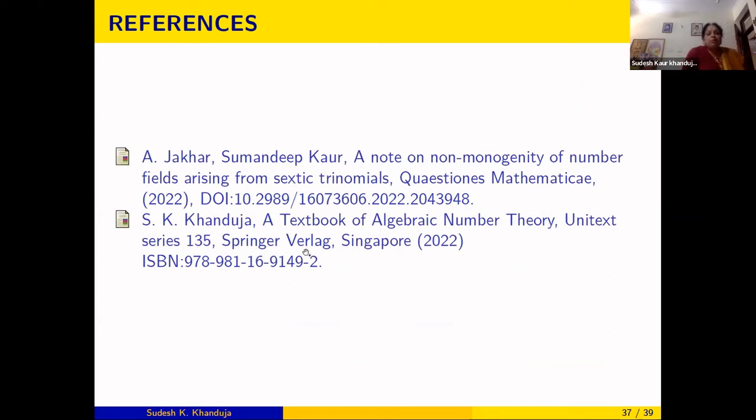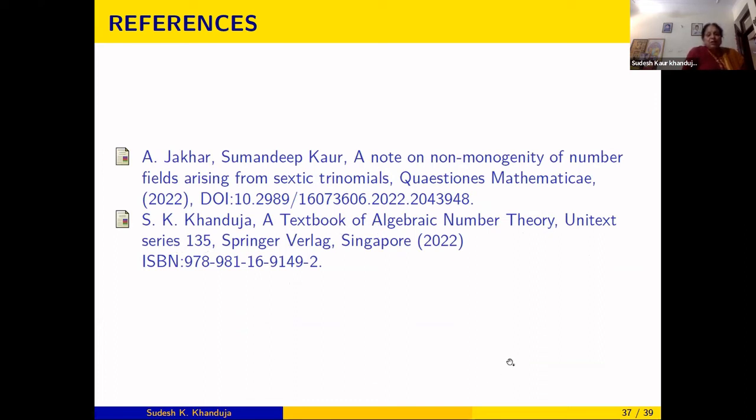And this is my book, A Textbook of Algebraic Number Theory, which has just appeared. According to the records, it was published on 27th of April, 2020. But I have yet to get it because I have not yet seen the book myself, except its e-copy.